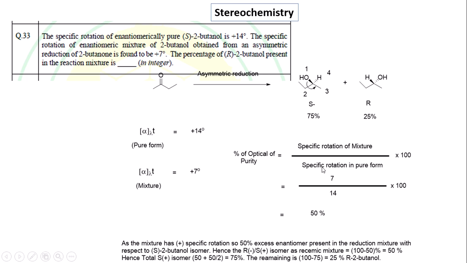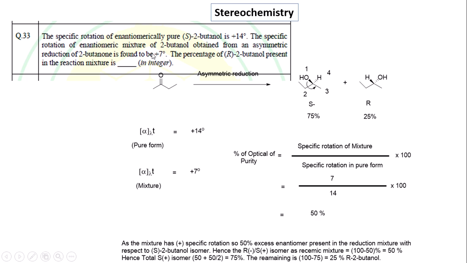If we calculate the optical purity of the enantiomeric mixture, it is the specific rotation of the mixture divided by the specific rotation of the pure form. Here the specific rotation of the alcohol in the mixture is 7, and the specific rotation of the pure alcohol is 14, and we get 50%.